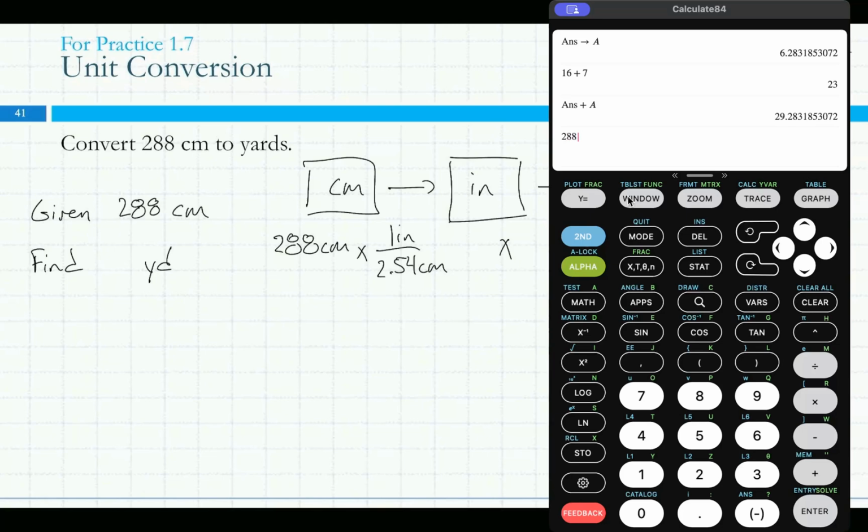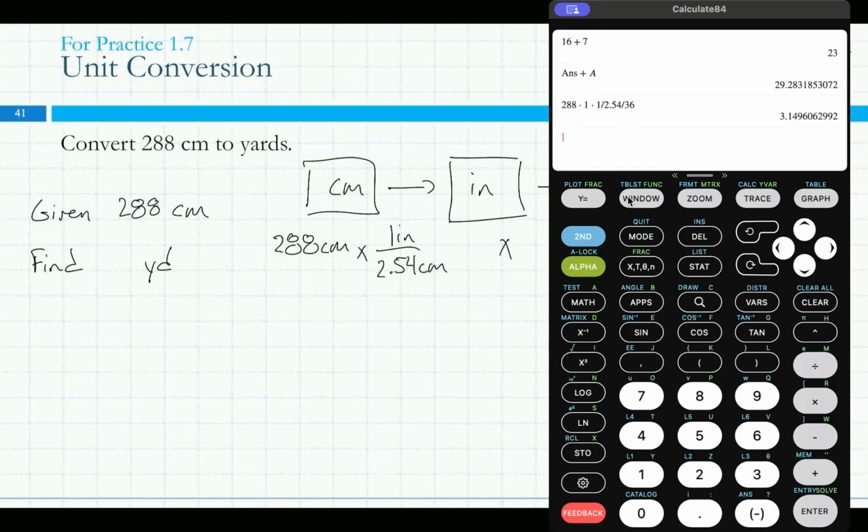So, multiply by everything on top, times 1, divide by everything on the bottom. So 2.54 divided by 36. Multiply everything on top, divide by everything on the bottom.